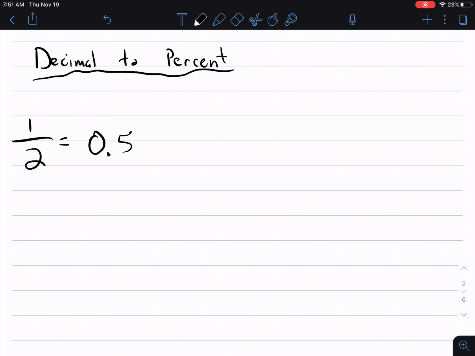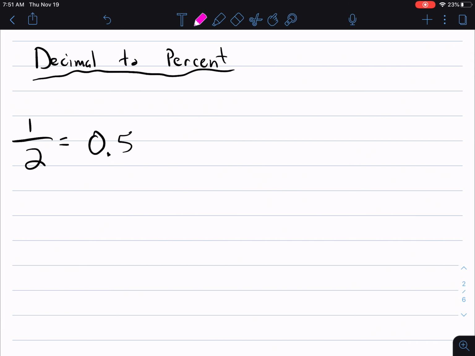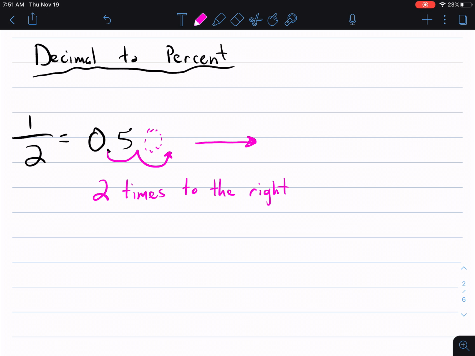Now, to go from decimal to percent, you just move 2 times. 1, 2. 2 times to the right. That's it. Es todo. Nada más se mueven 2 veces a la derecha. If there's a space, espacio, I add a 0. My answer is 50%.